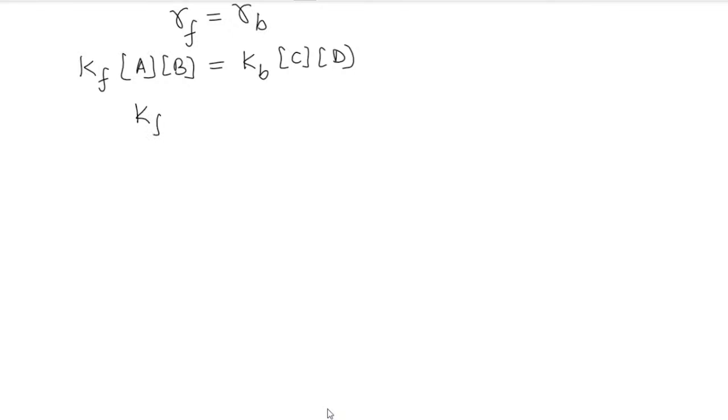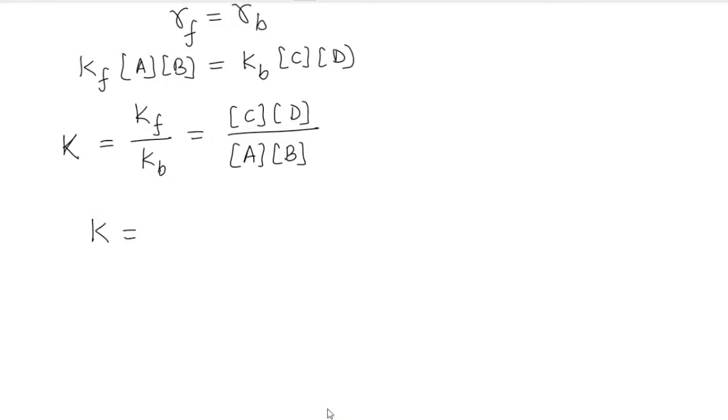So Kf over Kb is equal to [C][D] divided by [A][B], and that is called another constant K, the equilibrium constant.